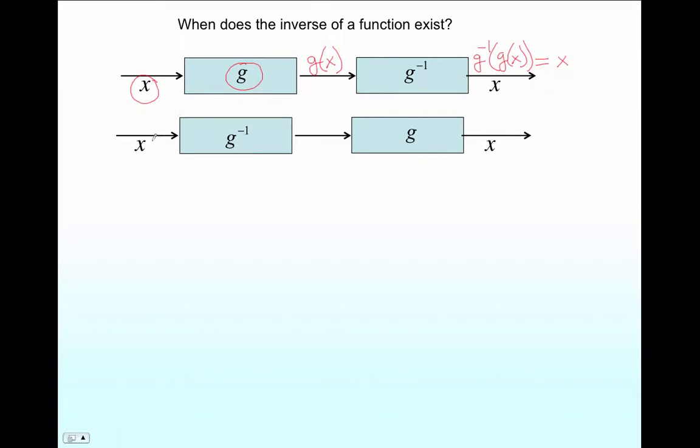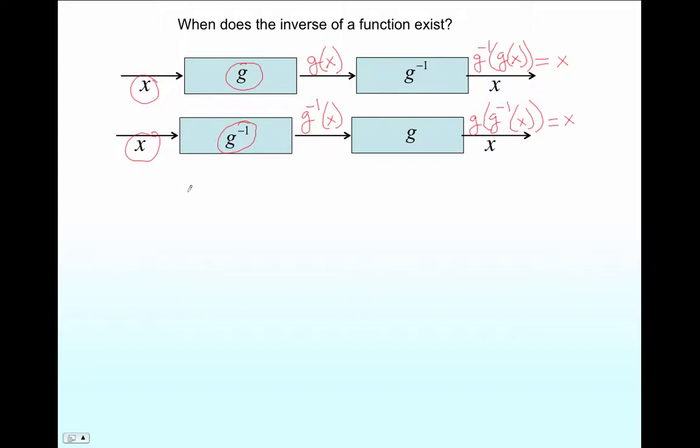Now, it's equally important that when x is put into g inverse, out will come g inverse of x, which then goes into g, and out will come g of g inverse of x, and that too has to equal x itself.